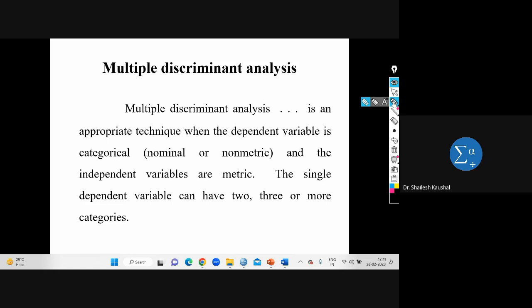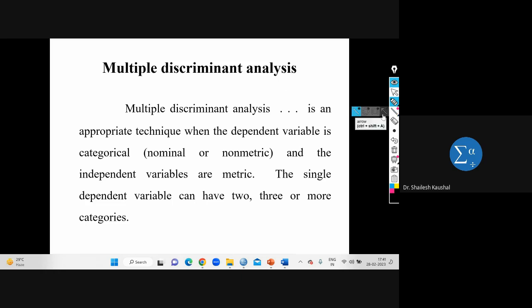Once my assumptions are fulfilled, then I can apply the independent t-test. Otherwise, I will correct my data by using log transformation, square root transformation, inverse root transformation. Still, if my data is not normal, not homogeneous, then equivalent to the independent t-test, I can apply a non-parametric test, that is the Mann-Whitney U-test. Same as in multiple regression analysis, it also has some assumptions. So we should check the assumptions also.